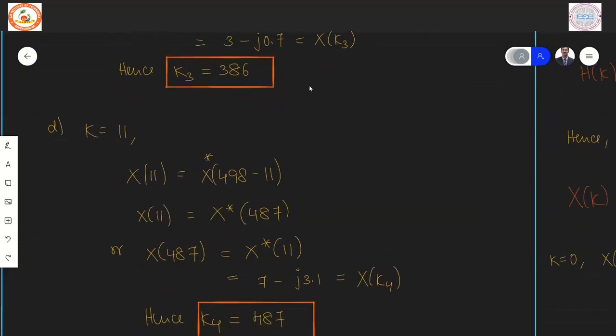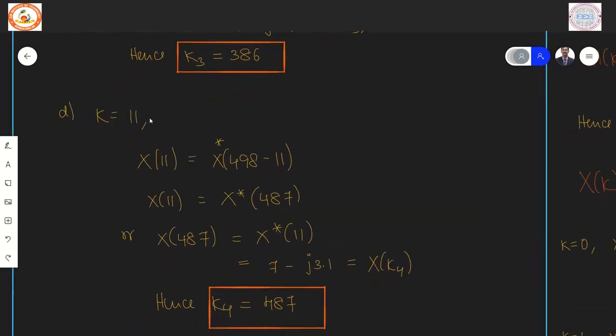The last point is obtained by putting the value of k is equal to 11. So substitution will yield x of 11 is equal to x conjugate of 498 minus 11 equals x conjugate of 487, or taking conjugate on both sides, x of 487 should be equal to x conjugate of 11, which is equal to 7 minus j 3.1.